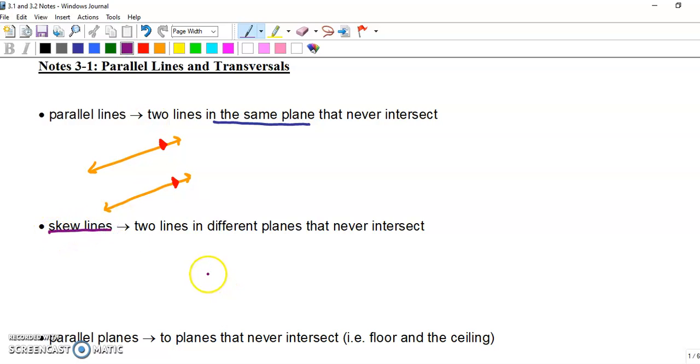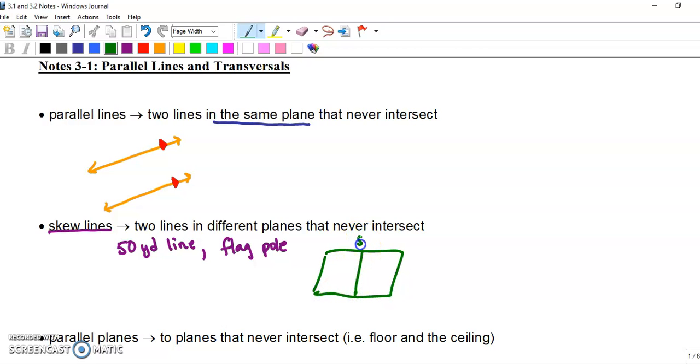Okay, my example of skew lines would be the 50-yard line on the football field and the flag pole in the end zone. Okay, so if you think about that, you've got your football field, you got your 50-yard line, and over in the end, and I'm terrible at drawing, but I'll give it my best shot.